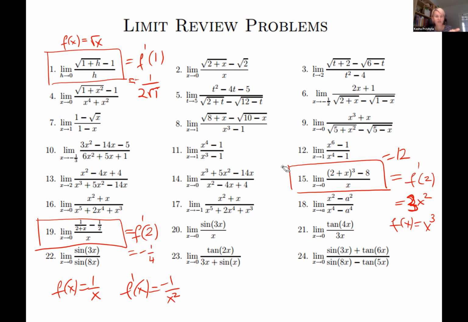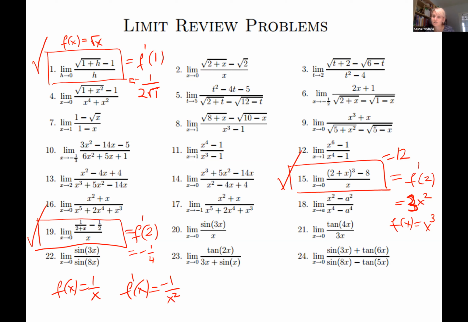I will definitely ask a limit with a square root expression, just fractions, maybe polynomials, and definitely absolute value. Okay, absolute value we like. I also have a short video just with the absolute value expression.